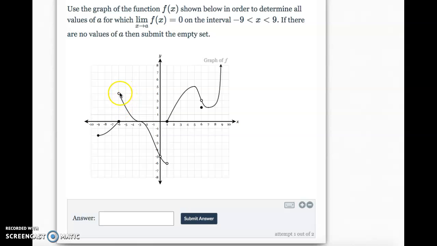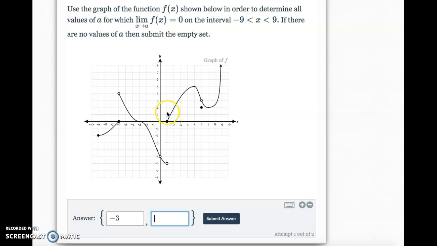So let's see. If I keep following my graph, as my x value approaches negative 3, my function seems to hit 0. That's from the left-hand side and from the right-hand side, so negative 3 would be an option. And then as I approach, let's see, that's not 0, that's not 0. 1 is 0, but only from the right-hand side.